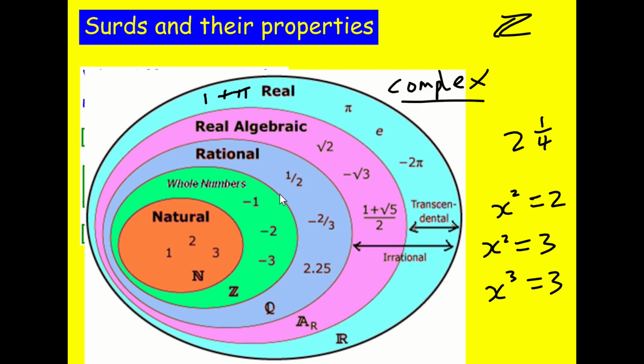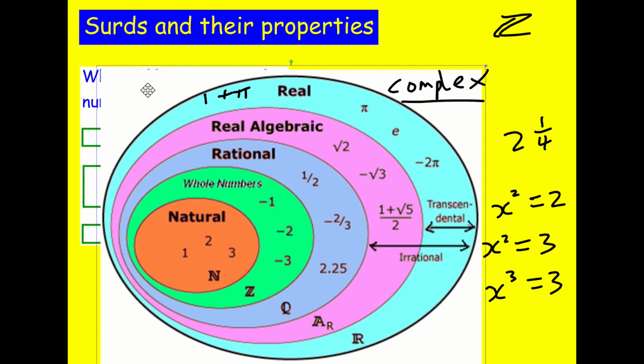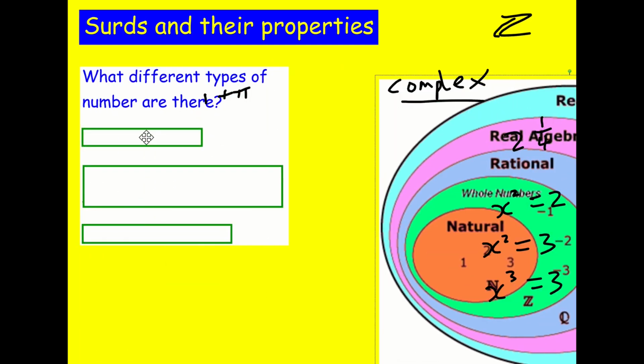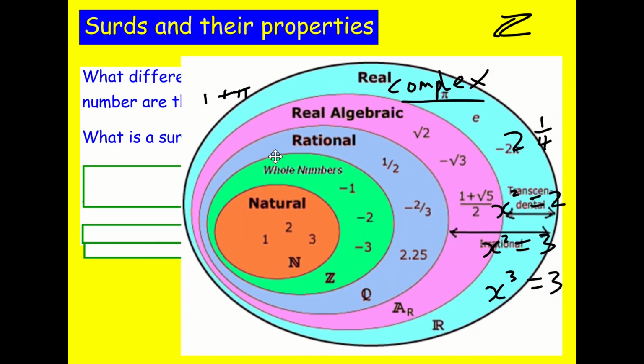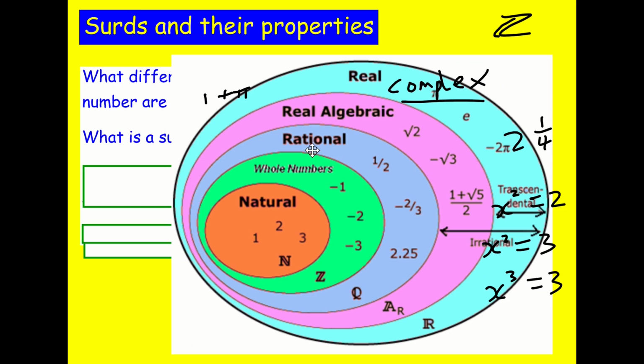So the key thing, the next question: what is a surd? Now a surd is a special type of number, and it's basically going to be these ones here, but it's not going to include things like a half.